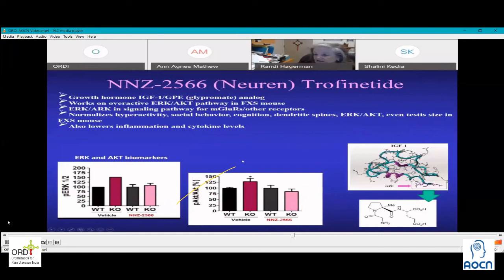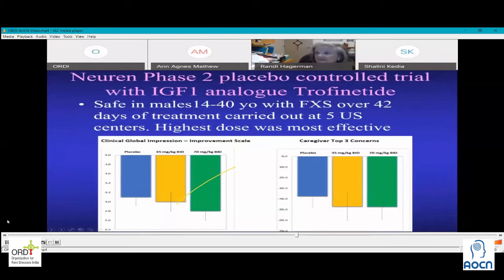This was studied in the knockout mouse model, looking at ERK and AKT biomarkers. Trofinetide lowered these levels, so it works on the pathways that are overactive in Fragile X syndrome. It also lowers inflammation and cytokine levels, and this showed benefit in Fragile X syndrome.